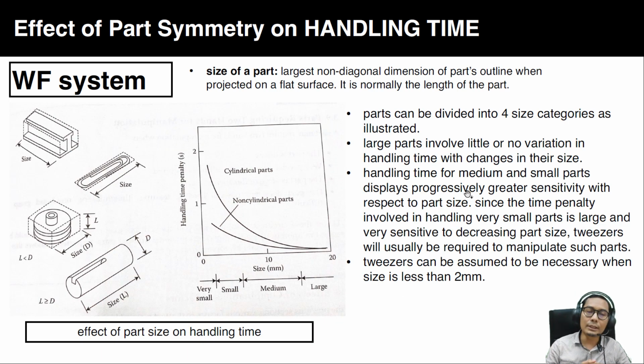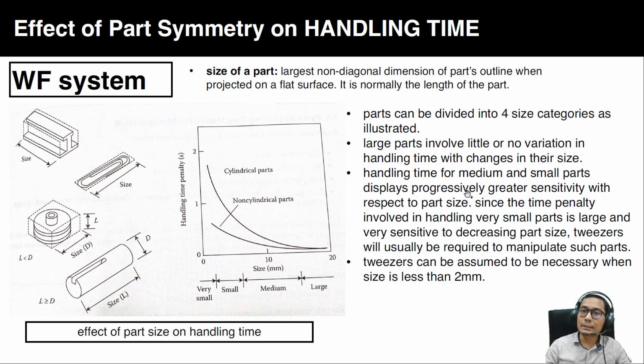Okay, continue talking about the WF system. You can see in this figure the effect of the part size on the handling time. You can see the handling time penalty for different sizes of parts, which are defined as very small, small, medium, and large, for cylindrical and also non-cylindrical parts. The size of a part is the largest non-diagonal dimension of the part outline when projected on a flat surface. It is normally the length of the part.